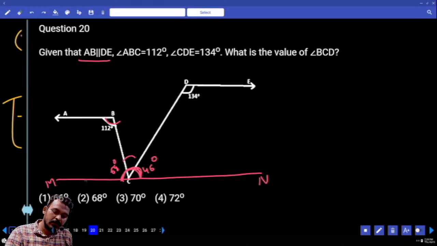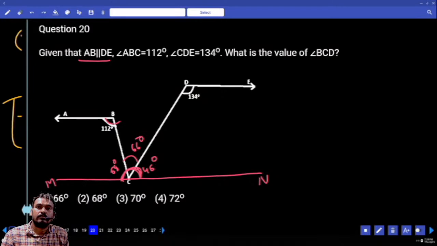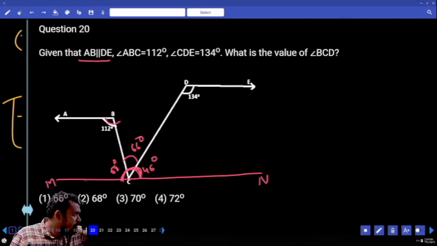What is the remaining? 66. These two angles sum to 180, and those two angles also sum to 180. Already 112 means the remaining value is 68. Already 134 means the remaining value is 46. But the entire C value is a straight line, so how many degrees? 180. Two angles are completed. What is the third one? 66.